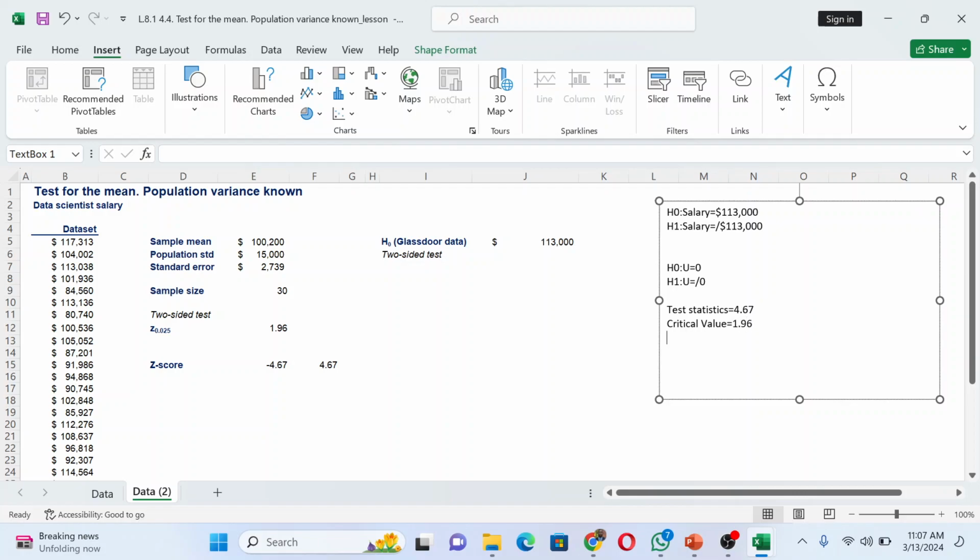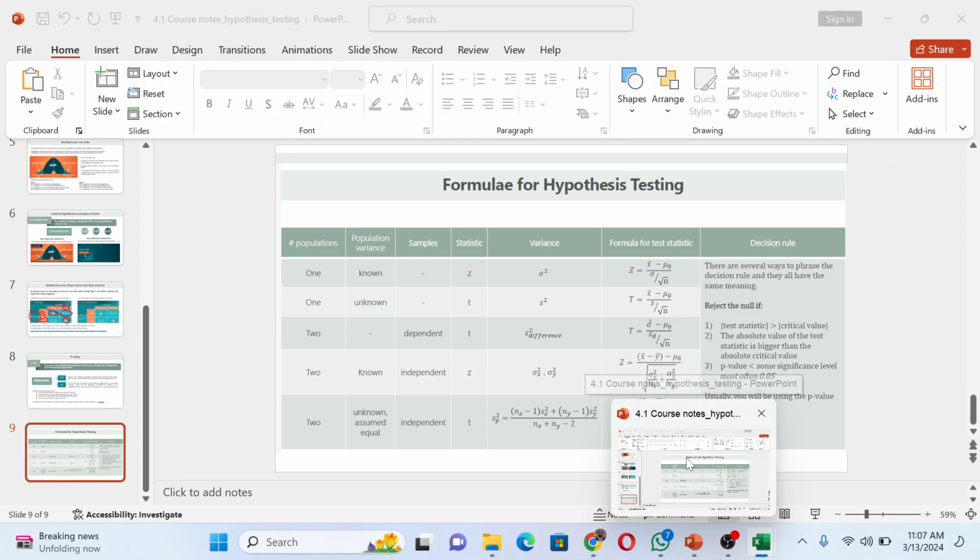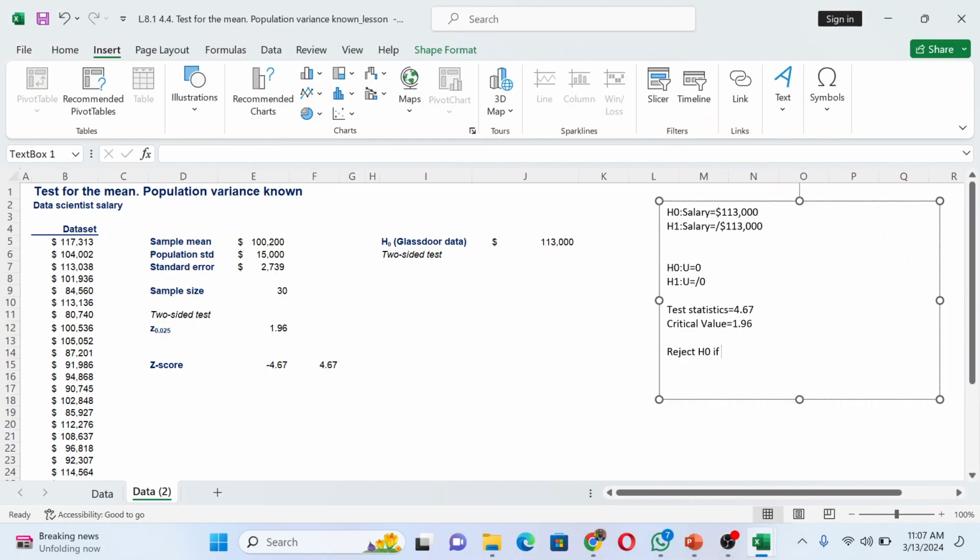So we are saying reject the null if the test statistic is greater than the critical value.